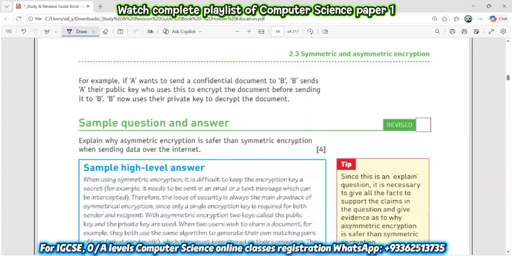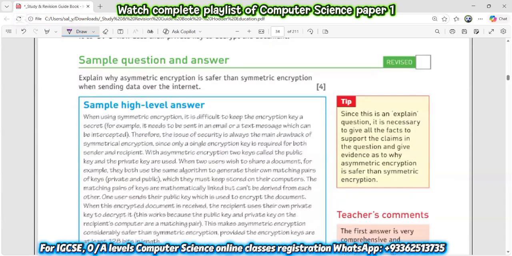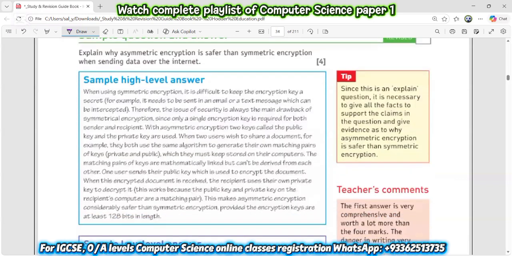Now, a question: explain why asymmetric is safer than symmetric encryption while sending data over the internet. Here you can see, very quickly I'm going through this. When using symmetric encryption, it is difficult to keep the encryption key a secret. For example, it needs to be sent in an email or a text message, which can be intercepted.